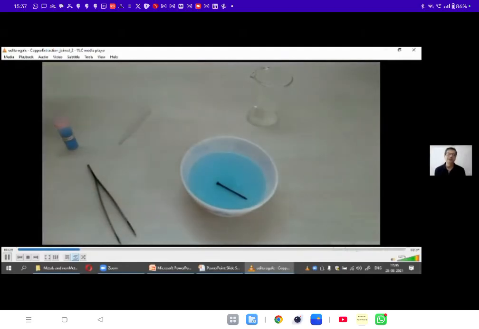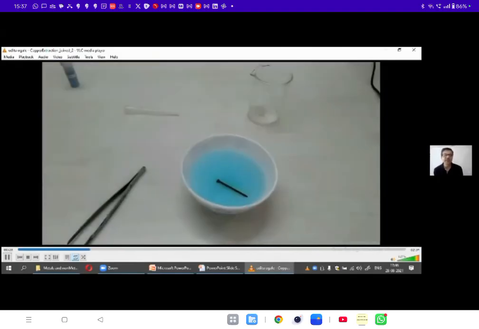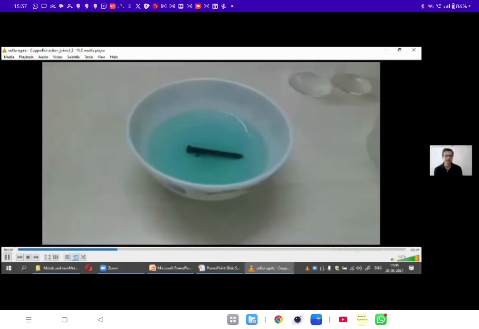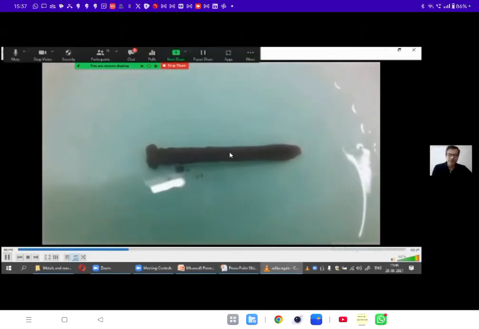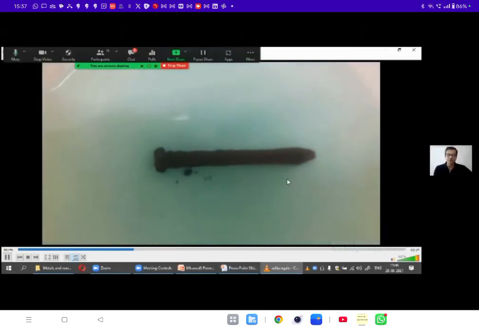Now that iron reacts and it becomes ferrous sulfate. Ferrous sulfate is greenish in color, not blue. Therefore, slowly after the reaction, copper will be thrown out and the solution starts looking green in color. And then if you see the nail, there is small copper powder deposited on it.